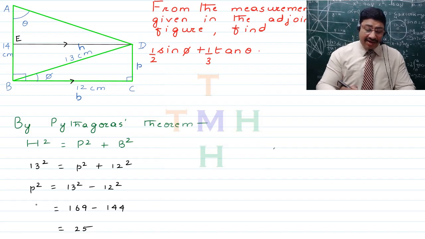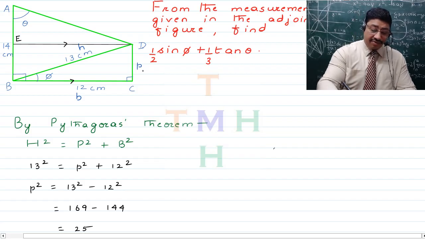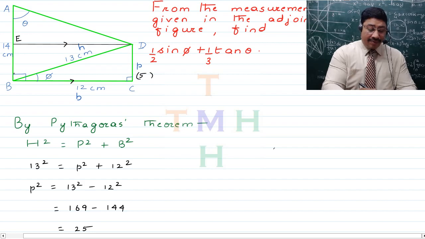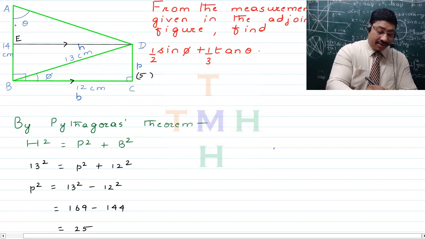And we have the length of CD just now found out to be 5, right? As such, from 14, if you subtract 5, you will get 9 to be this length, which is AE, right?